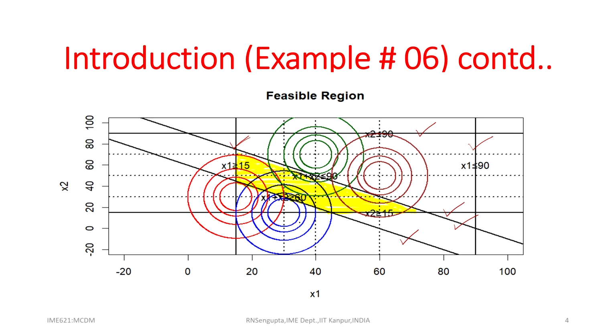So, we need to find the point at which the objective function f 1 will be minimum and also maximum, at the boundaries of the feasible region or at certain internal points.